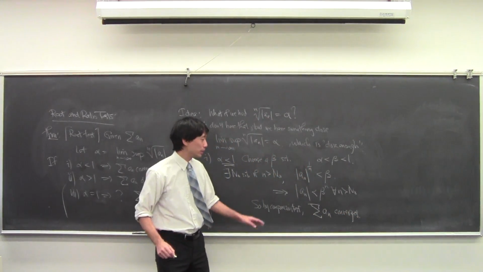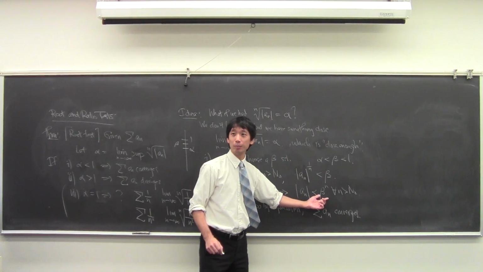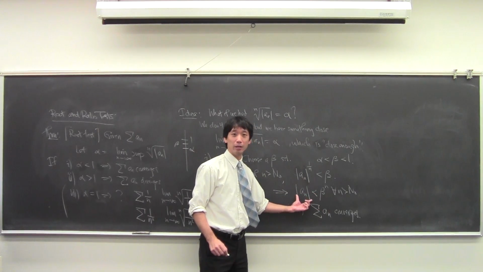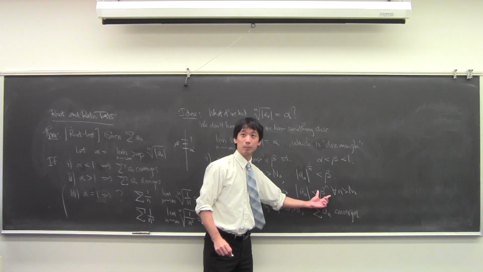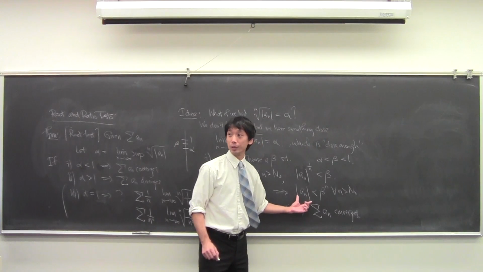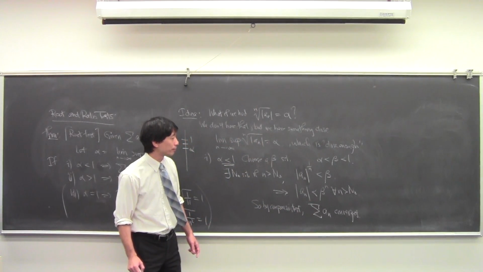Remember, the comparison test said that if the moduli of some sequence was dominated by some sequence whose series converged, then this guy converged. Yes, Fernando. Can we make a stronger claim such that the summation of the absolute value of a sub n is convergent?